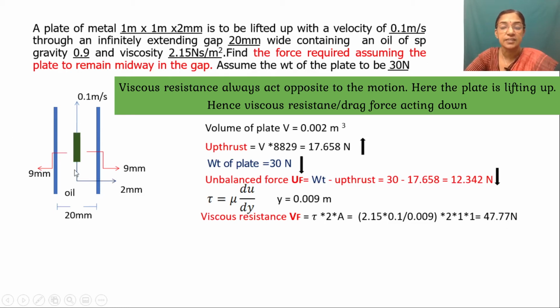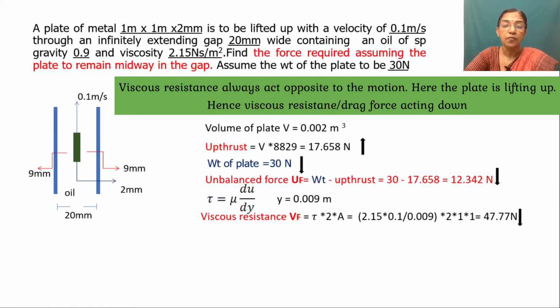This viscous resistance is also in the downward direction. If you want to keep this metal plate in the middle, then we have to apply a force in the opposite direction. The total unbalanced force is the weight component plus the resistance offered by the viscosity of the fluid.